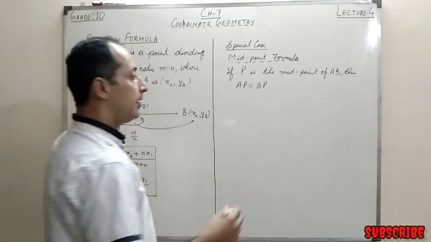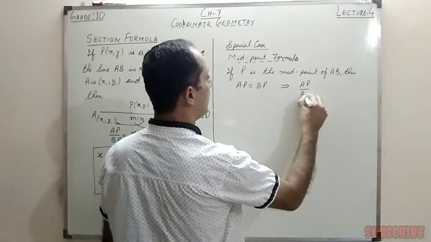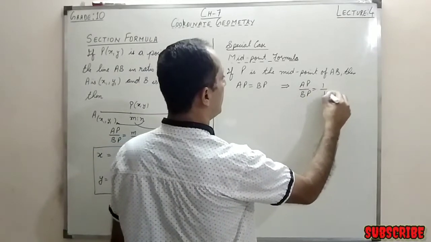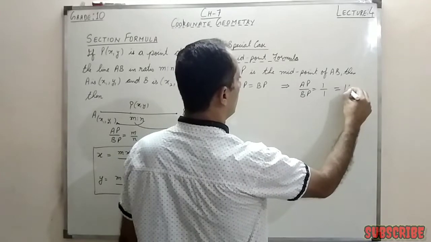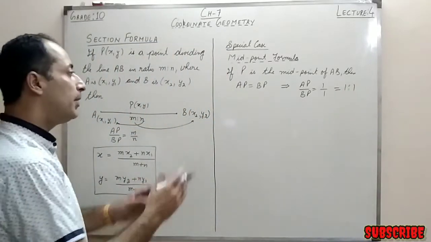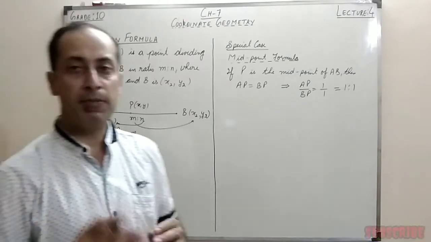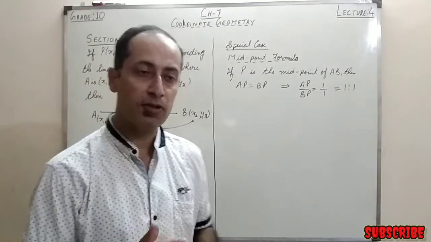And this means that the ratio AP by BP will be equal to 1 by 1, that is 1:1. Now, if we compare this with this, it means the value of m is 1 and the value of n is also 1.